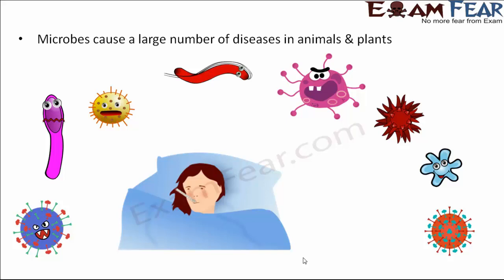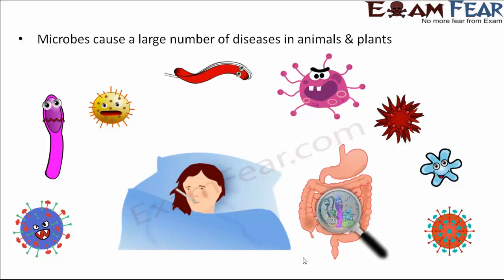Microbes cause a large number of diseases in animals and plants. This is something which is known to all of us. In fact, if you look at human beings, it often happens that we eat something outside and food poisoning happens, and then we might have stomachache, vomiting, or loose motion, and all this happens because of the presence of some harmful microbes in the food item which we ate.